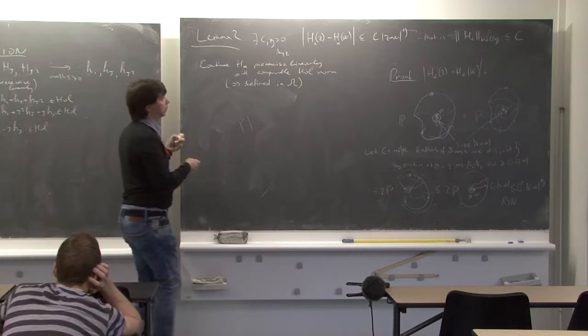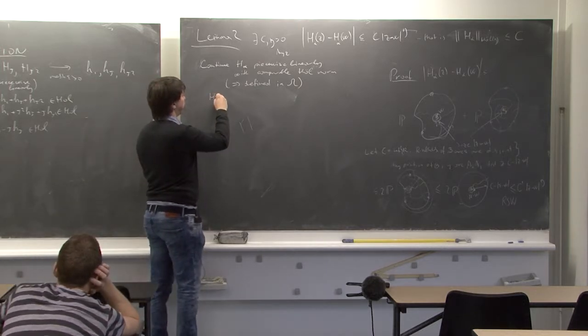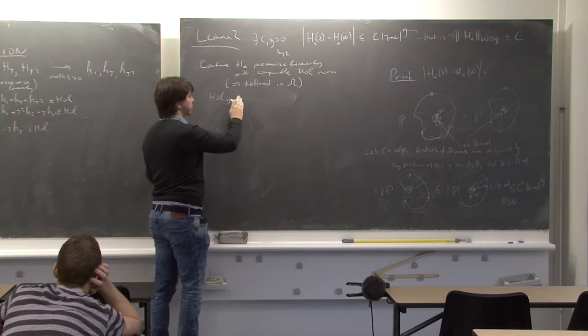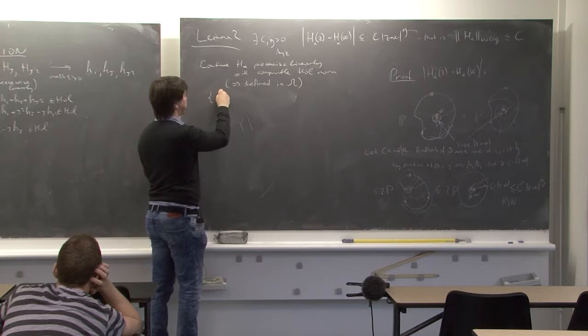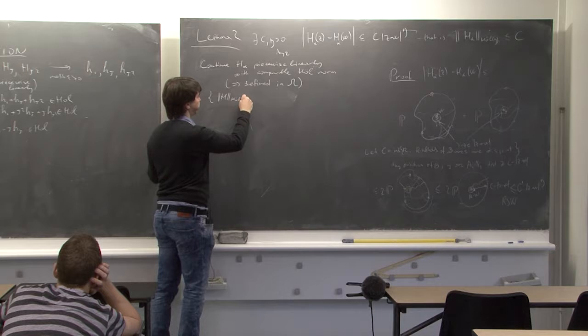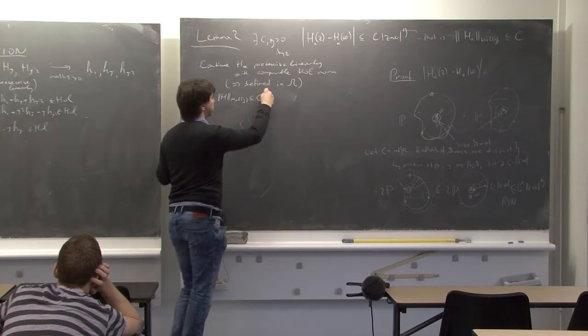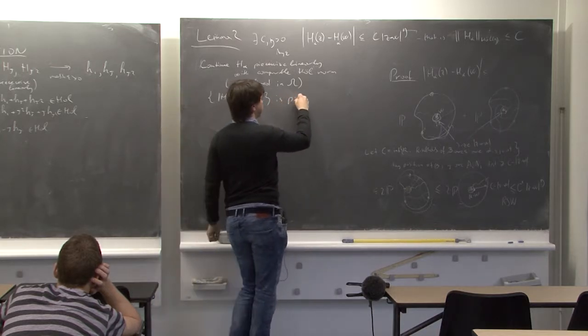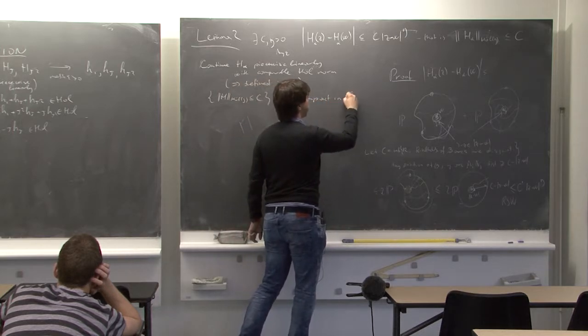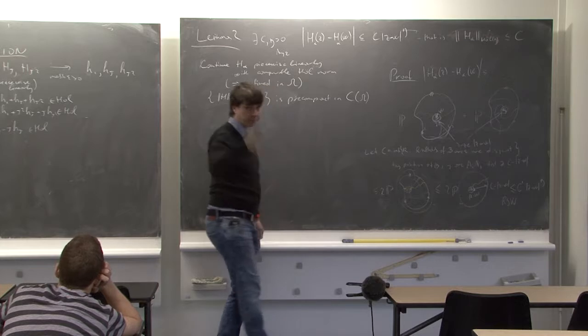Now the space of Hölder continuous functions, the functions whose Hölder norm is bounded by C, is precompact in the space of continuous functions on omega.